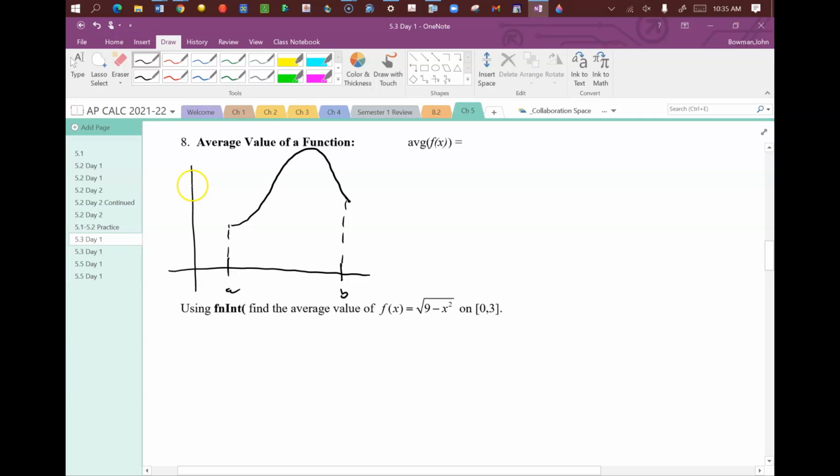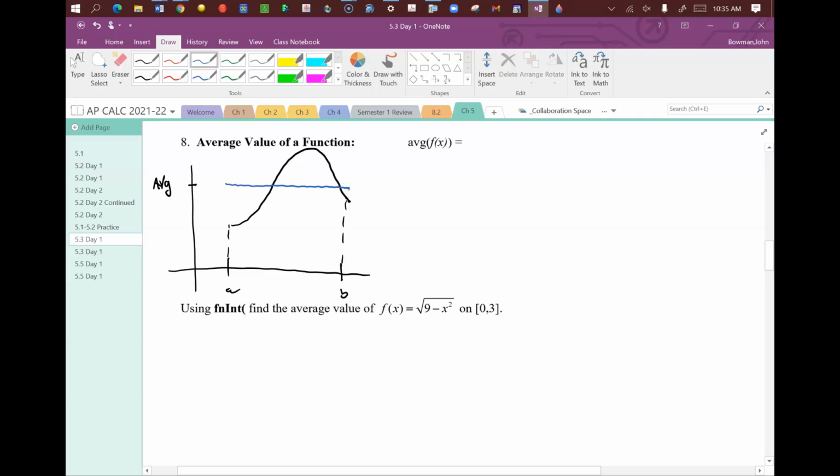So let's kind of estimate where we think the average value to be here to get a visual of this. So right about there. And I am going to draw a horizontal line there. Actually, I'm going to draw that in a different color. I'm going to draw that in blue.